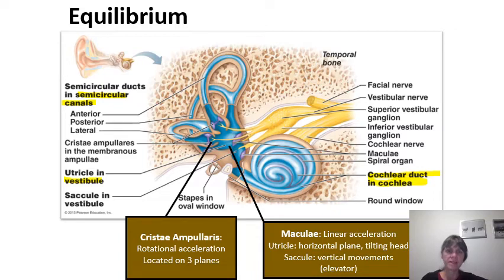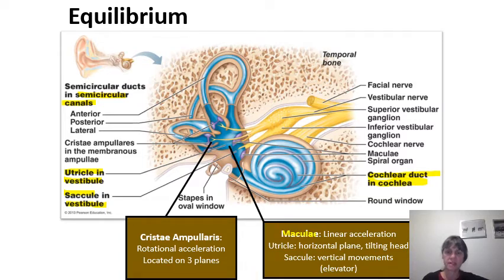When we look at the vestibule, we can see that there are particular areas within the vestibule, including an area known as the utricle and an area known as the saccule. Now, the utricle and the saccule make up structures collectively known as maculae.